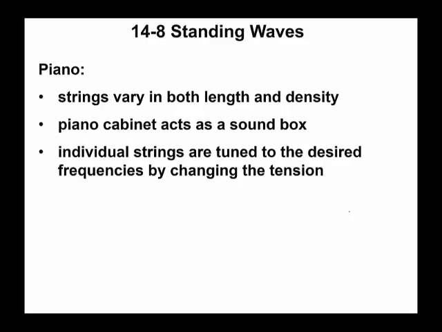Okay, on a piano, they have not only different densities, but they also have different lengths. And the cabinet itself, since it's made out of wood, acts as a sounding box, and a sounding box helps to amplify the sound. And if we want to tune a piano, we can change the tension in those strings.